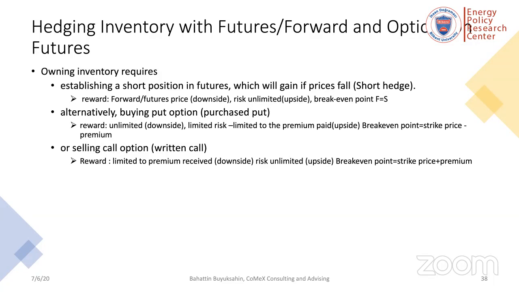But if you include the possibility of negative prices, your reward becomes unlimited because you don't know how much it can go down. We look at the April episode, it went down to minus $40, so this is a big possibility. In that case, of course, your reward also changes.